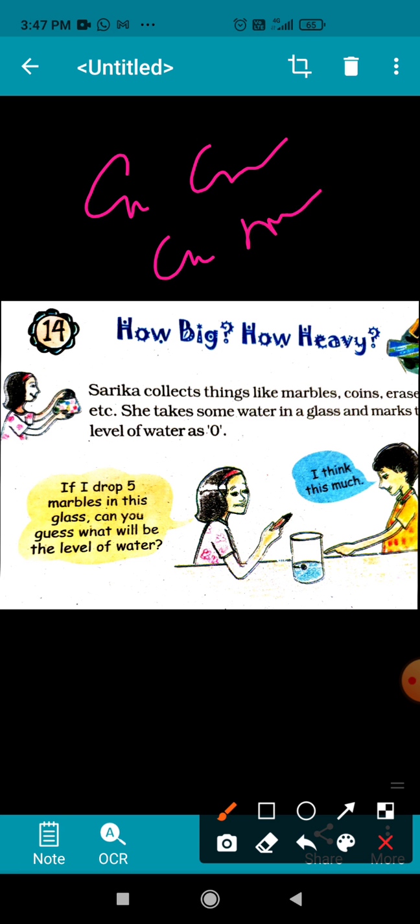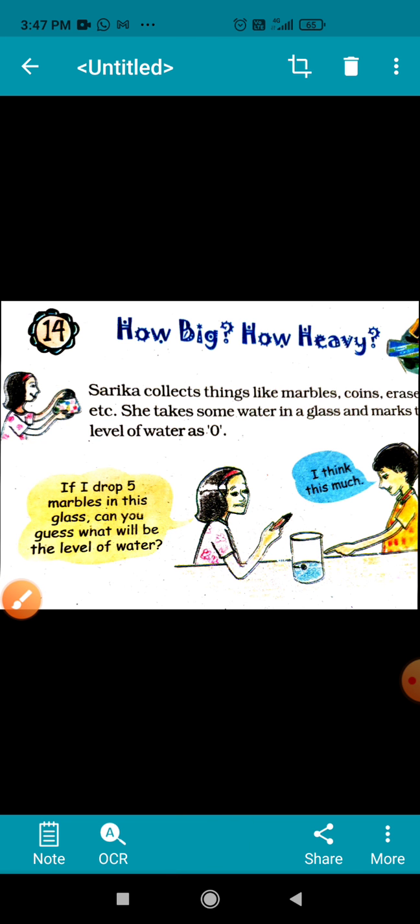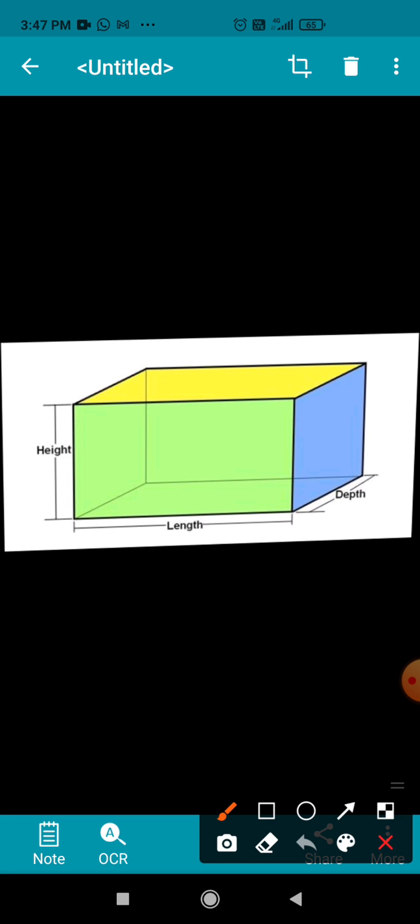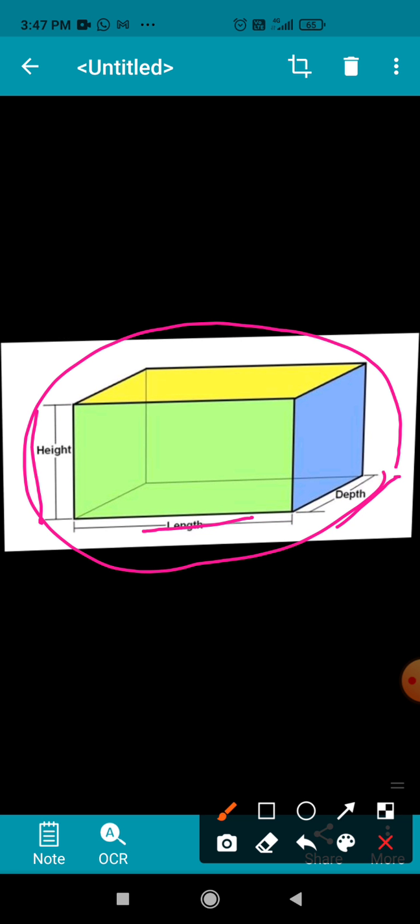Okay, here you can see in this picture, this solid shape has length, breadth and height, and this shape is known as a cuboid.